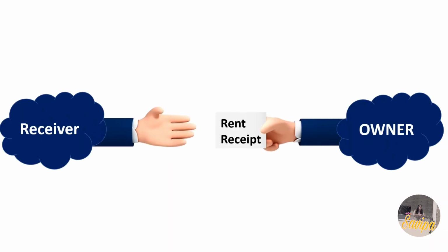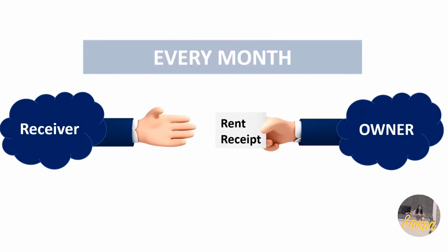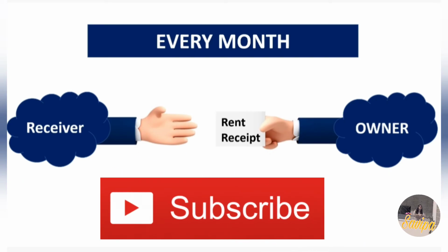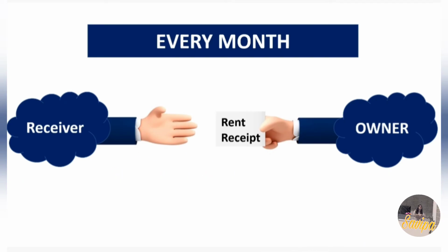If your owner is providing you rent receipts every month, you can upload them here. But they should follow a format. In the allsec portal under rent, in the document library or elsewhere, you can find the rent receipt format, and your owner should maintain that format.